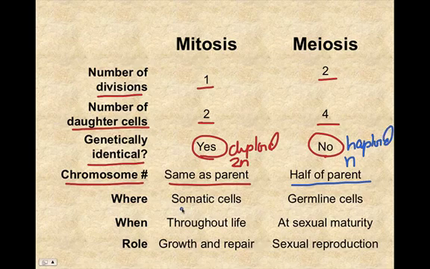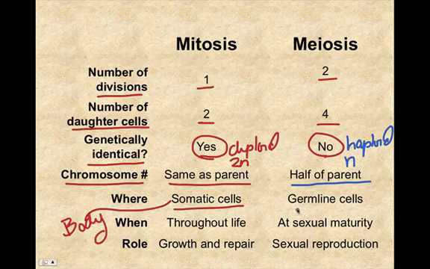Where does mitosis occur? Mitosis occurs in our somatic cells, and another name for somatic is body. And meiosis occurs in our germline cells, and another term for germline is our sex cells. When do these processes actually occur?